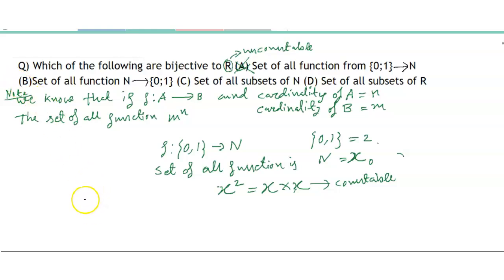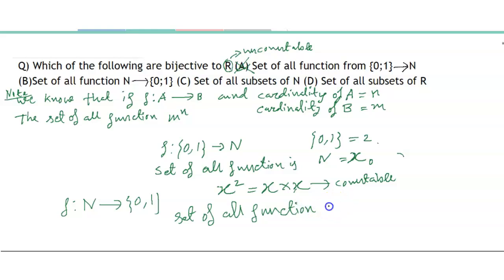Let's see number B. Number B is N to {0,1}. The set of all functions has cardinality 2 to the power Aleph knot, which is uncountable, so it is possible.